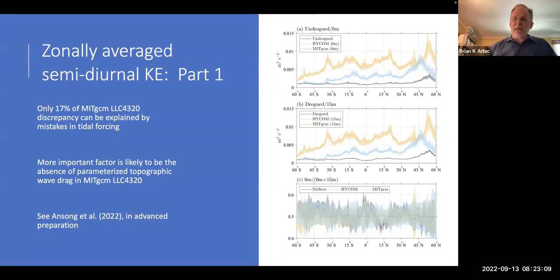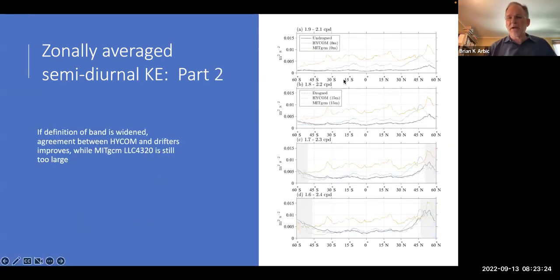We were thinking that maybe part of the discrepancy between MITgcm and the drifters might have to do with that Lagrangian width thing I talked about earlier. So if, instead of slavishly following the definition, we widen the definition of the semidiurnal band, you can see that MITgcm, no matter what, is always well above the drifters, gold above gray.